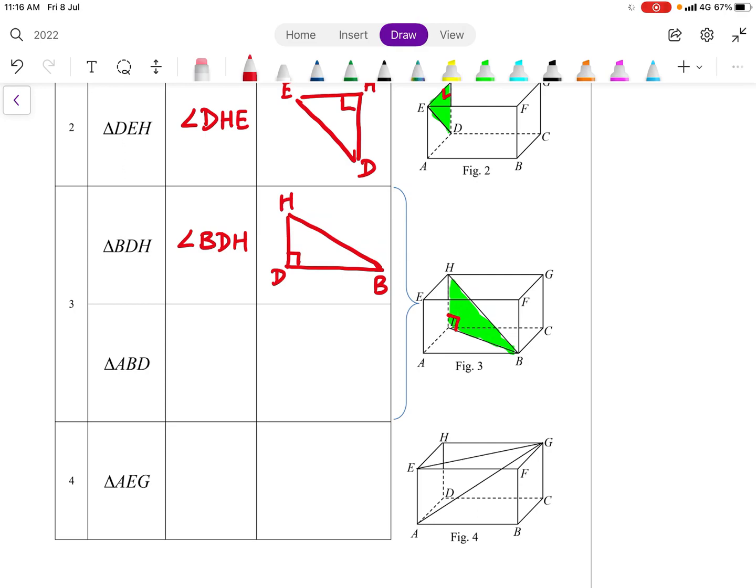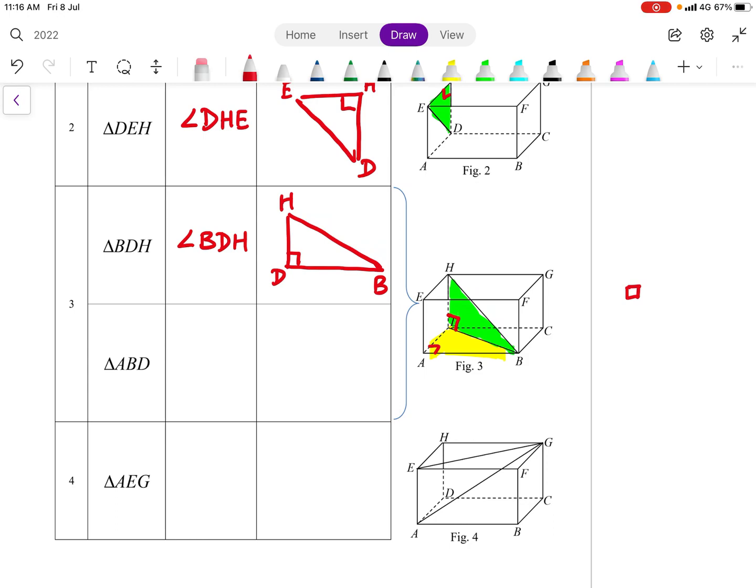Now triangle ABD. Where is ABD? Oh, ABD is lying flat on the ground. So where's the 90 degrees? It is here. When you are drawing a 3-dimension diagram, the 90 degrees will not look so nice like a square.